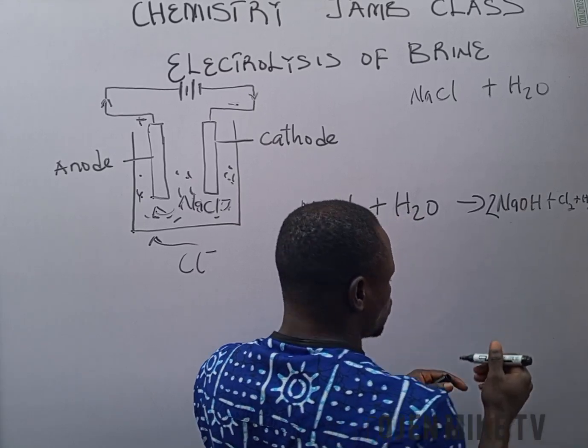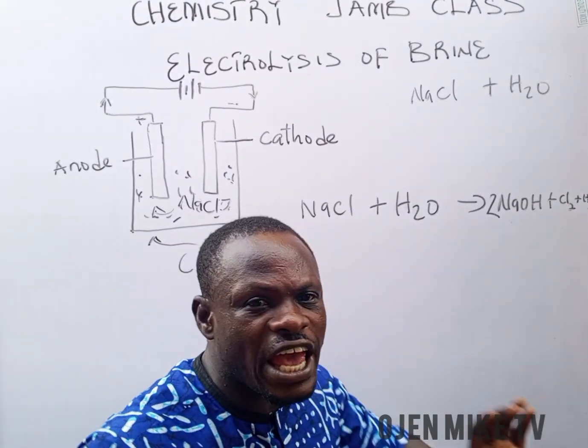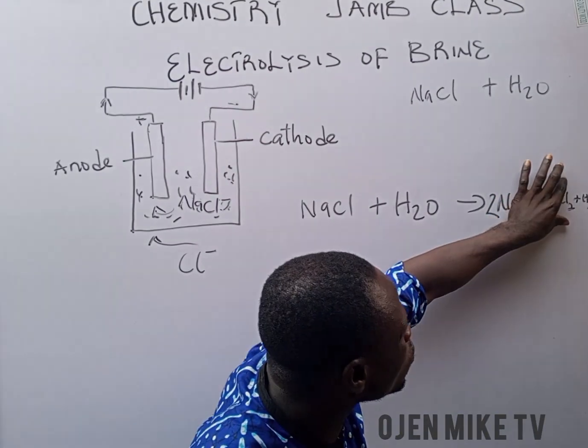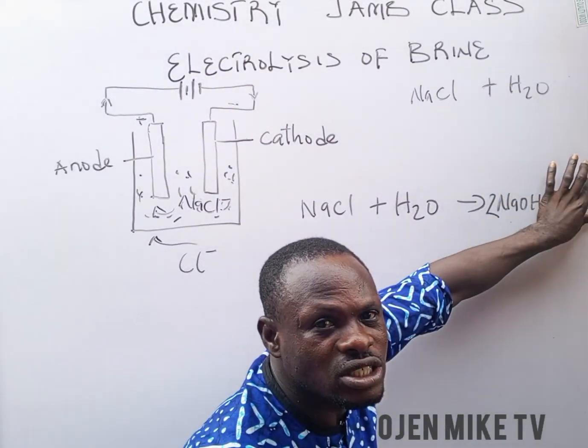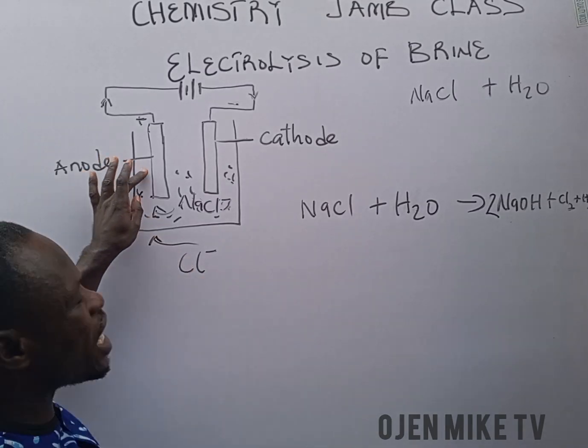This is what you have. So the only free elements now would be chlorine and hydrogen. Chlorine will immediately migrate towards the anode.